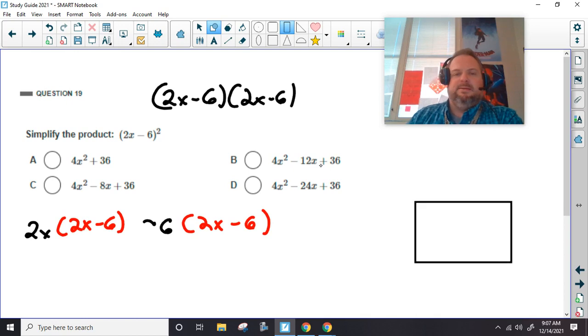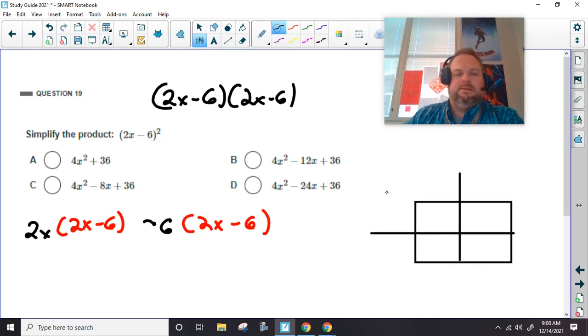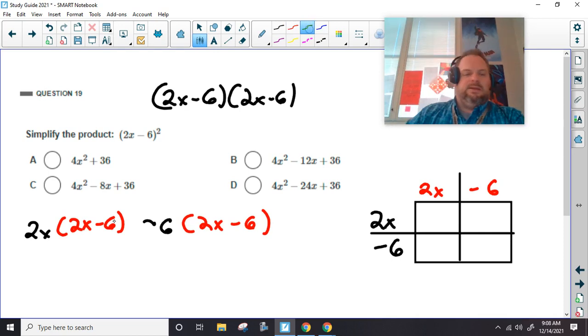Box looks like this. 2x minus 6, and then 2x minus 6. And either way, we get the same thing.